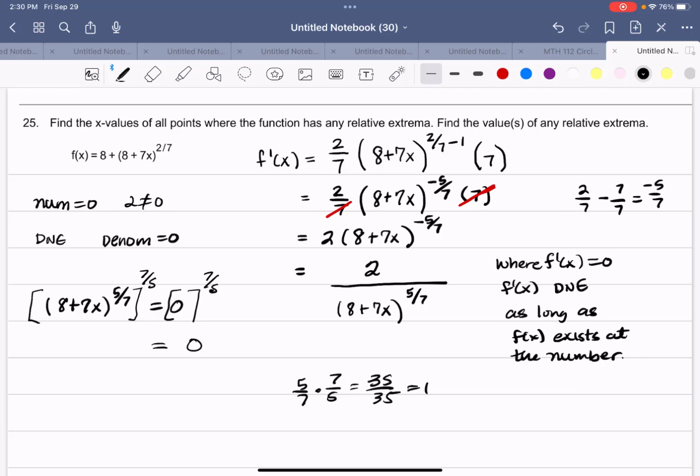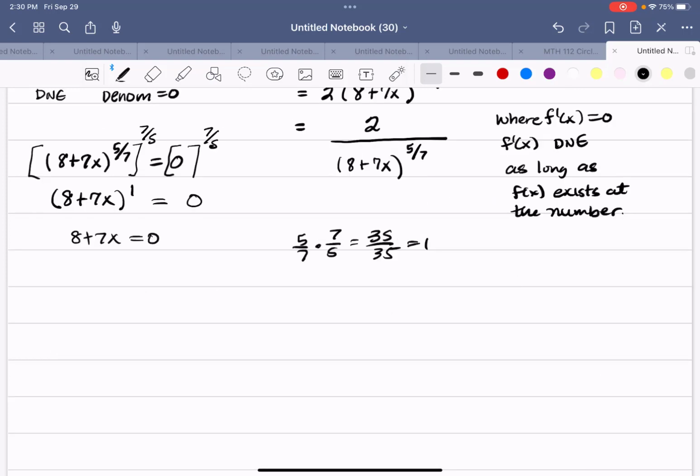So basically, by doing that, we just remove that exponent, and we're left with 8 plus 7x to the 1. So 8 plus 7x equals 0. So that gives me 7x is negative 8, and I get x is negative 8/7.